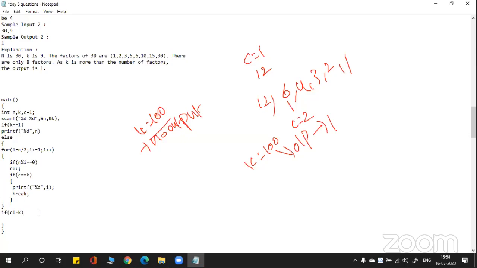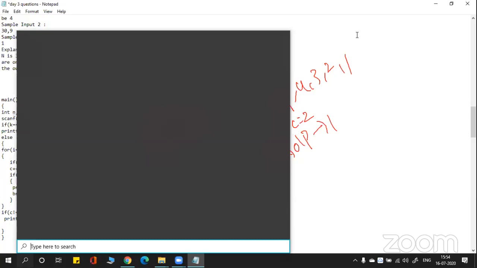So 6 is not equal to 100. Then I am doing printf 1, directly. So after everything is done, at the end, there should be return 0.